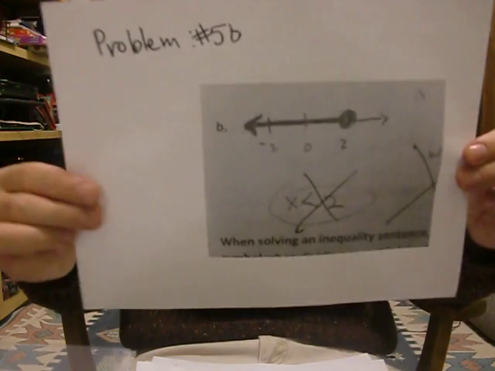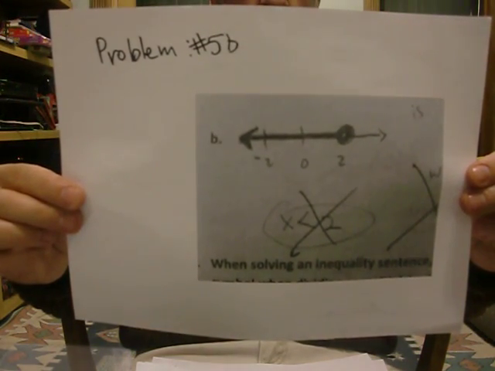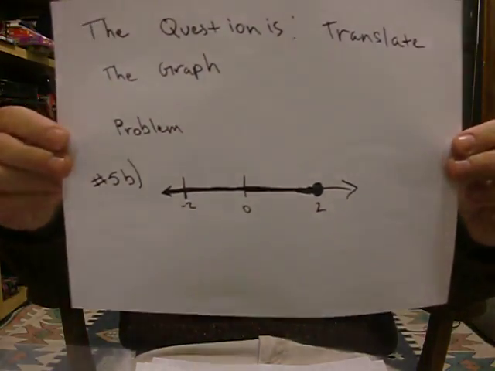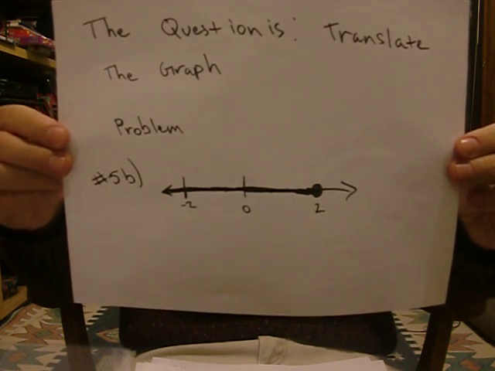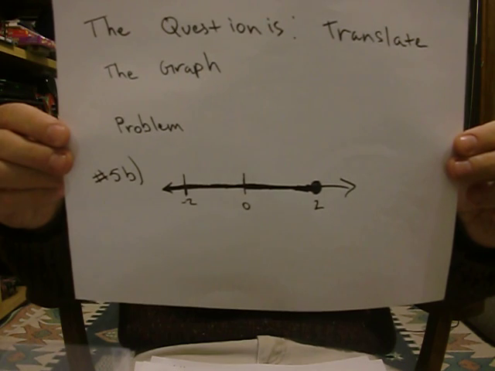Here is a photo of a problem I got wrong on the POKE, taken on October 8th, 2010. The question is, translate the graph, and the problem number is number 5B.